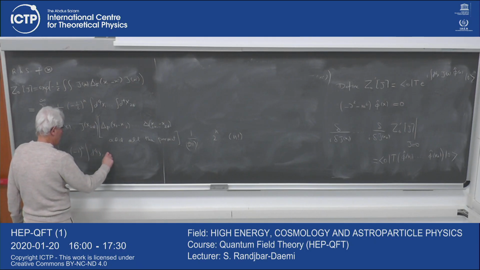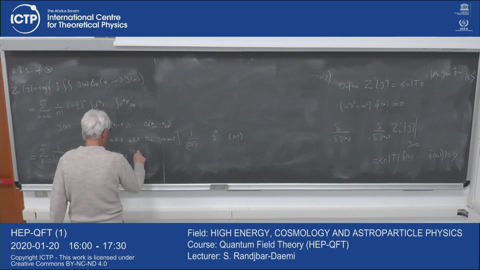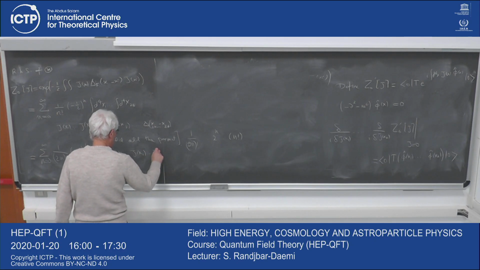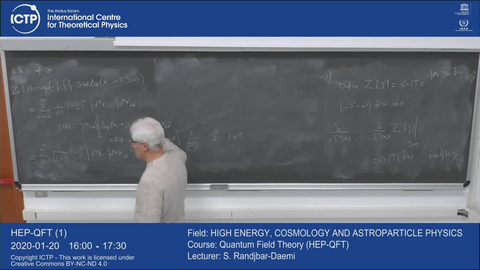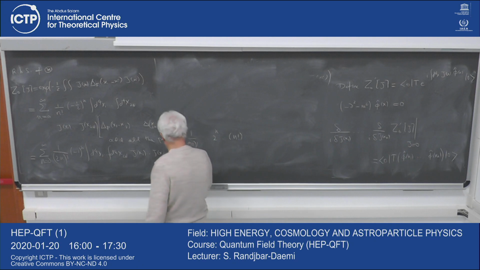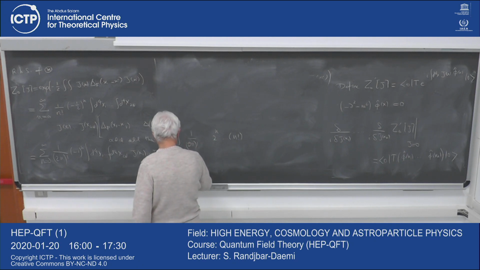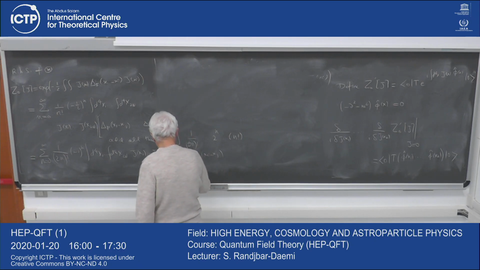P for x1, P for x2n, times j of x1 times j of x2n, times, now here, I shouldn't write 2n factorial terms, but I should write the sum of the product of deltas, let me write delta of xi, xj, but only independent permutations.